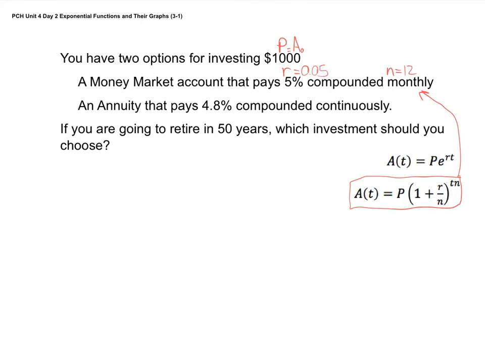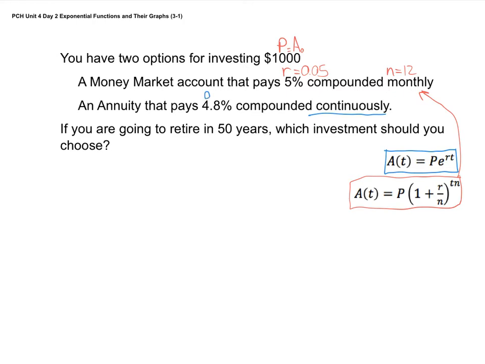Okay, but then we also have an annuity. An annuity is kind of an insurance kind of investment. But it doesn't matter what it is, it's going to pay 4.8% compounded continuously. So there we're going to use this formula.